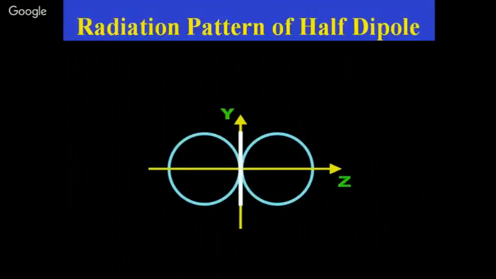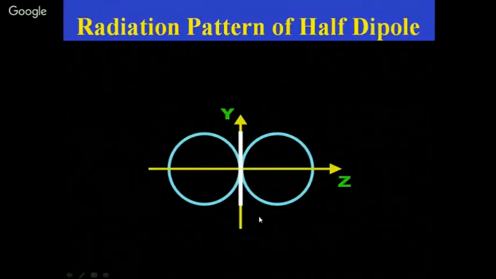First of all, this is XY plane, and this is my mistake that I have put here Z. So it is X. And this is the dipole. So wave shape is of this type. So please correct it.